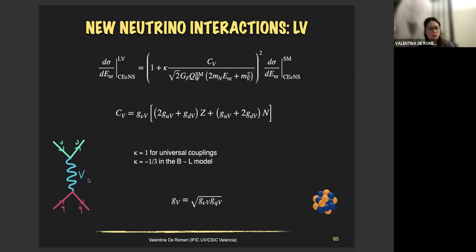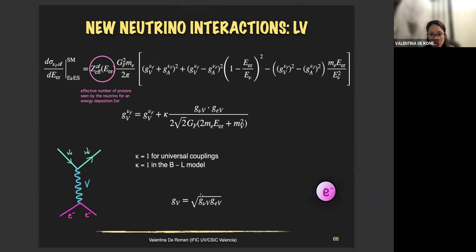And then we also consider a full complete model, the B minus L scenario. For the sake of simplicity, because then we can give the results in terms of a single coupling and the mass of the mediator, we define this coupling GV as the square root of the product of the couplings of the mediator with neutrinos and quarks.